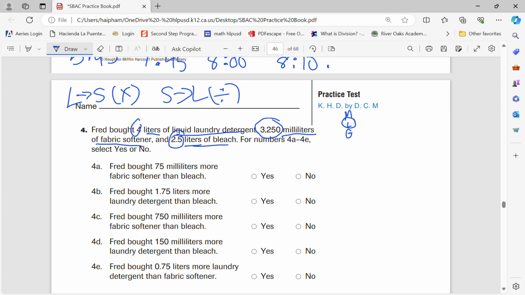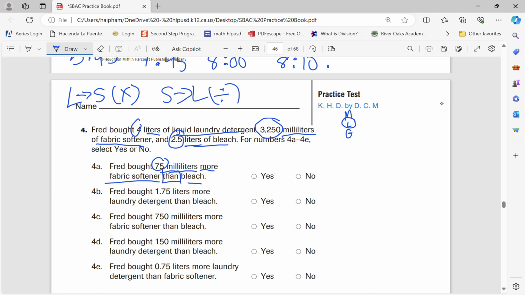Okay, so let's move forward. Fred bought 75 milliliters more fabric softener than bleach. So we're going to compare fabric softener to bleach. Okay, and we're talking in milliliters now. So we have fabric softener already in milliliters, 3,250 milliliters. So we're going to do some conversion with our bleach here.